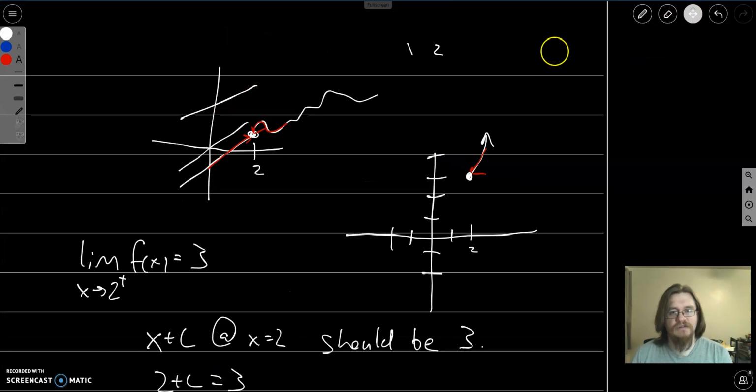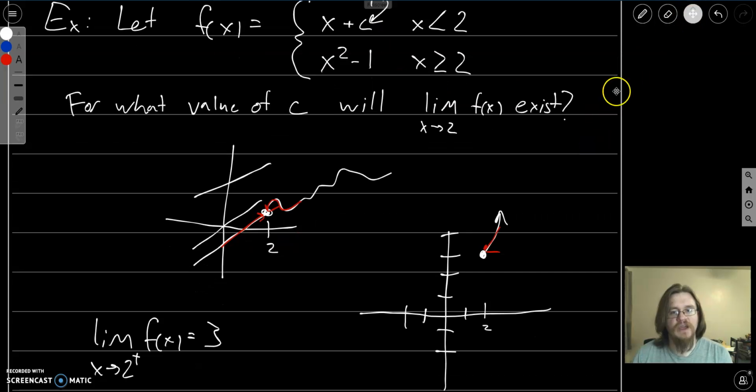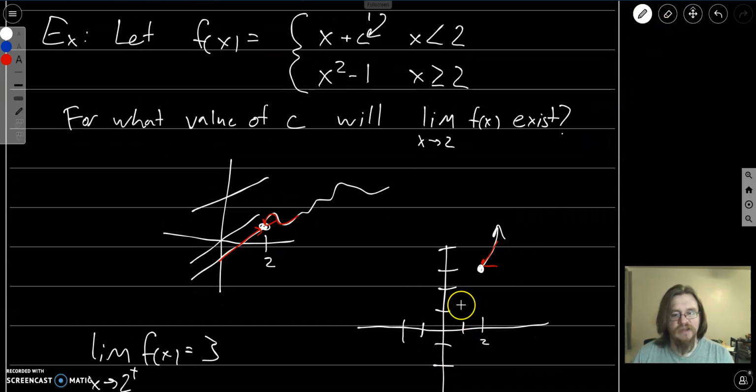So now, if we plug in a 1 for c here, what would this look like? Well, the y-intercept would be 1, and we'll have a slope of 1.